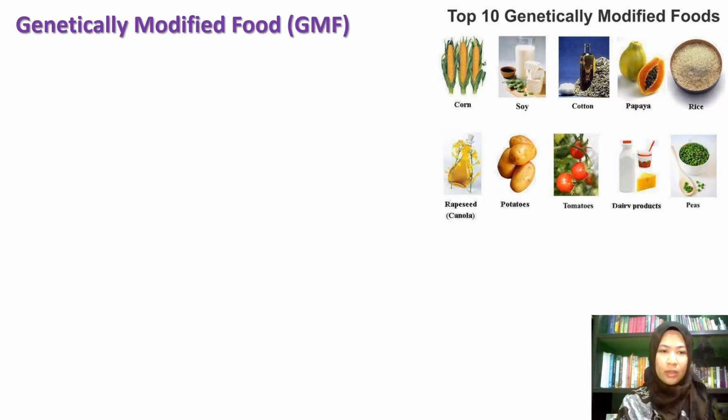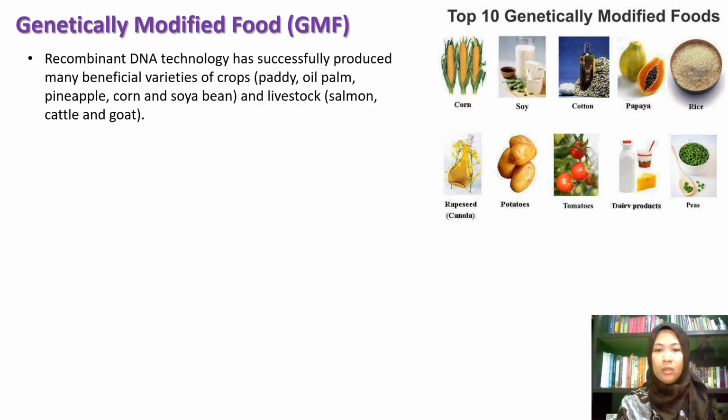Next, look at genetically modified food. Tadi kita tengok organism. Actually this one is a subset jugalah, tapi food ni lebih kepada apa yang kita makan, daripada sayur-sayuran, buah-buahan. Recombinant DNA technology successfully produces varieties of crops, tanaman terutama. Agensi yang banyak buat research berkaitan GMF ni seperti MARDI, RISDA, MADA.